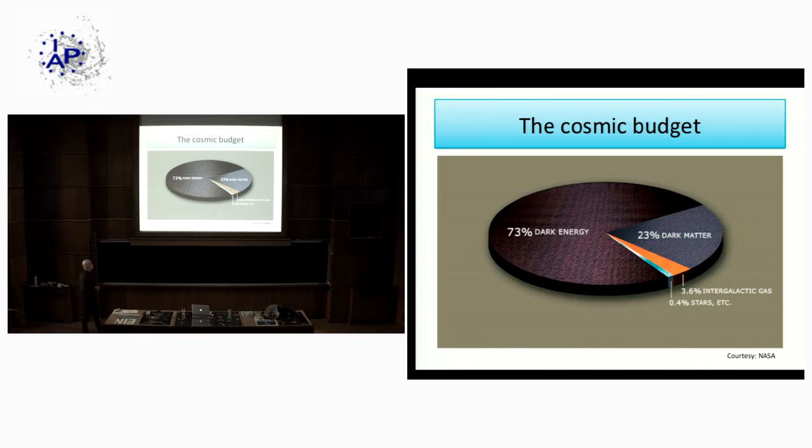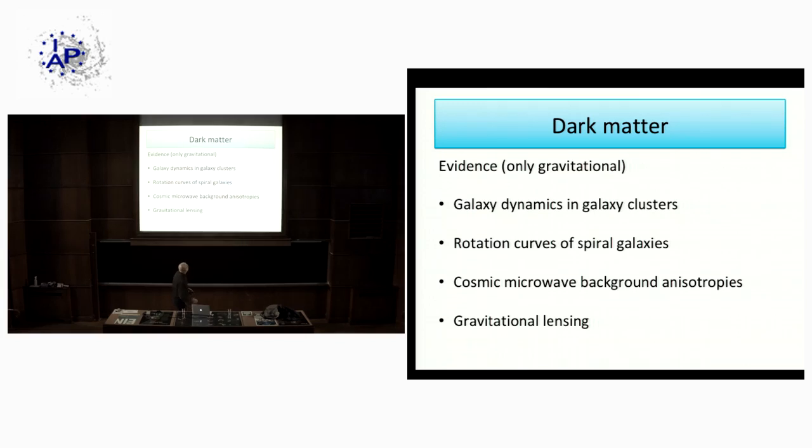Now, what this talk will be about is not at all about dark energy, but we'll focus on dark matter, for which we have plenty of evidence of its existence, and this evidence is basically only due to gravitational phenomena. We know that we need dark matter to explain the galaxy dynamics in galaxy clusters and the rotation curves of spiral galaxies. If we want to explain in detail the power spectrum of temperature anisotropies in the cosmic microwave background, we also need dark matter.